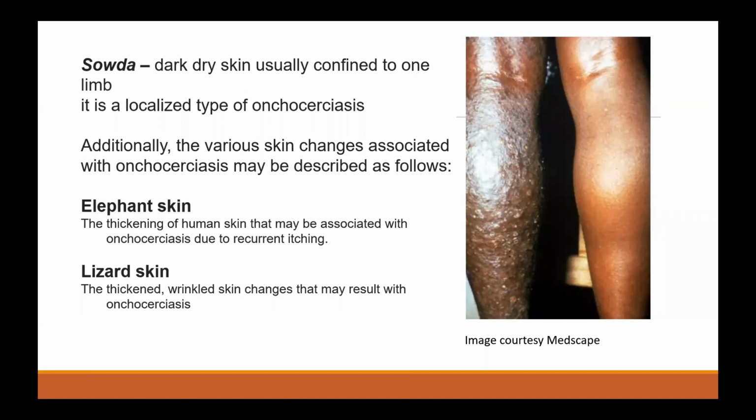So other than being bitten, just like the way malaria is only transmitted via mosquitoes, onchocerciasis is only transmitted via the insect bite, the Simulium bite.